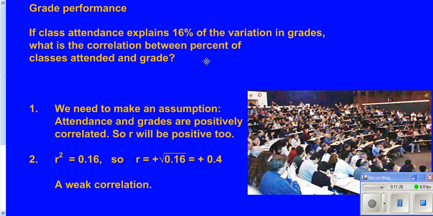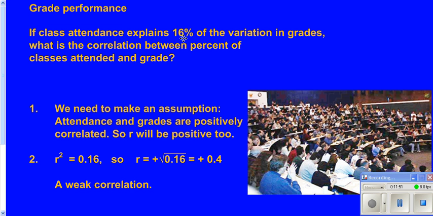Let's take a look at grade performance. Now, suppose your class attendance explains 16% of the variability in the grades. Well, you're assuming that if you attend class, you're going to end up having higher grades. So that would be a positive association.